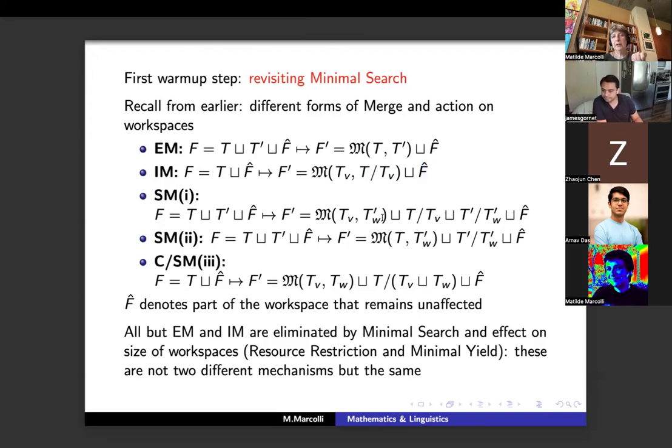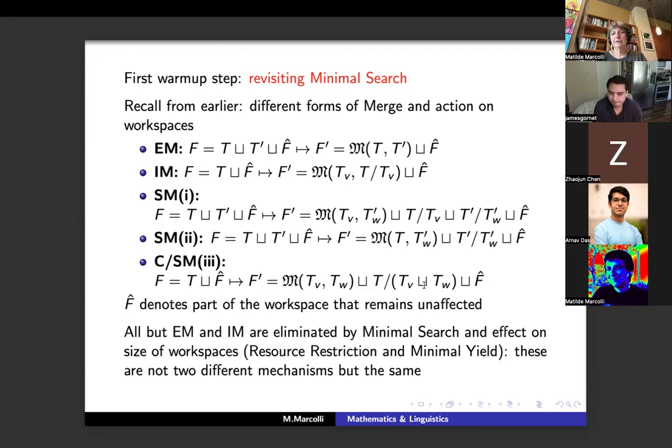And then there were these other cases where, for example, you extract accessible terms from two different components, you merge the accessible terms, and you keep what is left of the two separate components, and you keep whatever else you had untouched. Or you extract one accessible term from one component and merge it with another full component, you keep what is left of the component from which you extracted, and you keep whatever was unchanged.